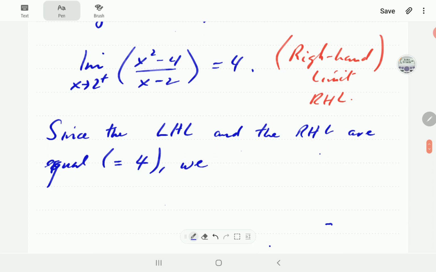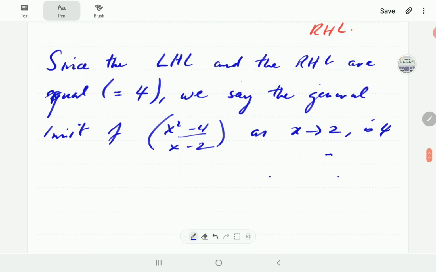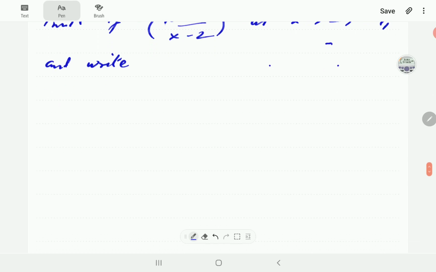Then we talk of the general limit, okay? So we say the general limit of x squared minus 4 over x minus 2 as x approaches 2 is 4. Okay, and we express this as follows.